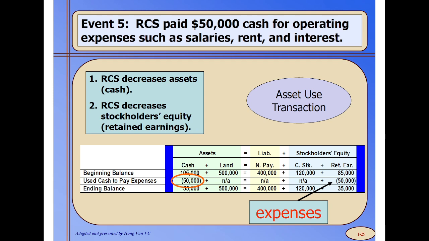On the other side, you see there are expenses of 50,000. Here you have to pay attention, because if I pay the expenses, it means that I reduce my retained earnings. So if you look at both sides of the equation, assets are reduced by 50,000 and retained earnings are reduced by 50,000.